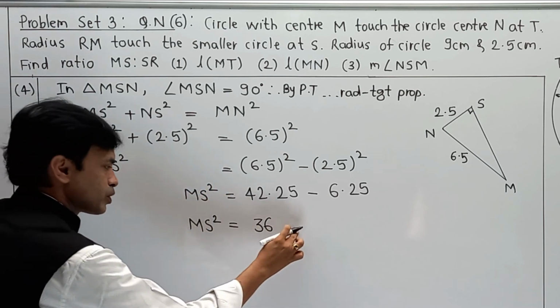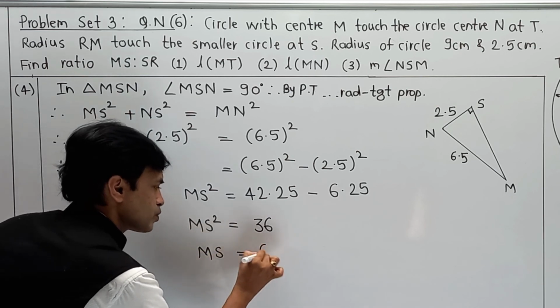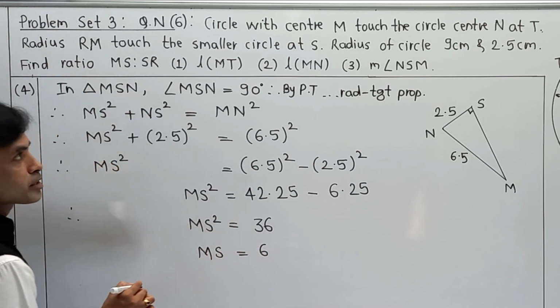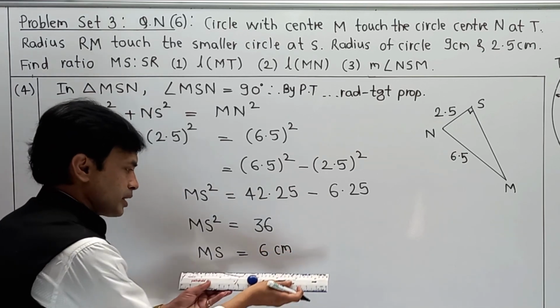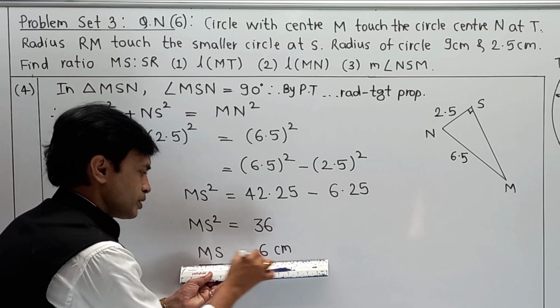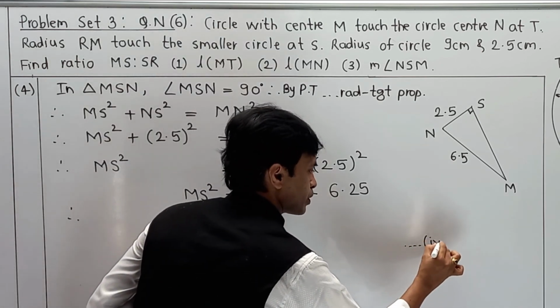As MS square is equal to 36, you can simply say MS is equal to 6, and as they have given the unit as centimeter, I am going to write centimeter. This is your fourth answer, giving it as equation number 4.